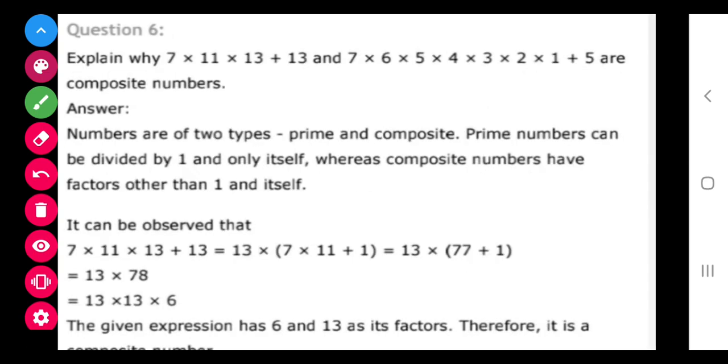Now explain why 7 into 11 into 13 plus 13 and this number are composite numbers. Class, a composite number is that number which has two more factors other than 1 and itself.